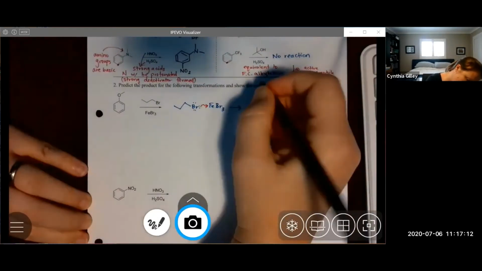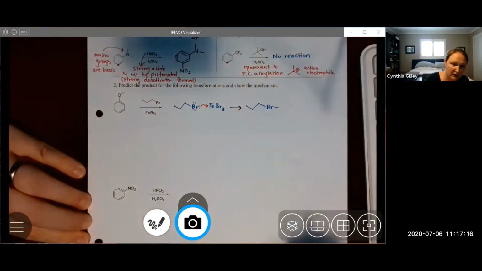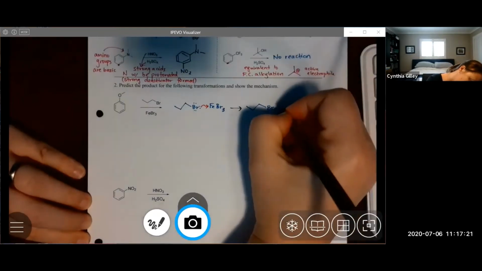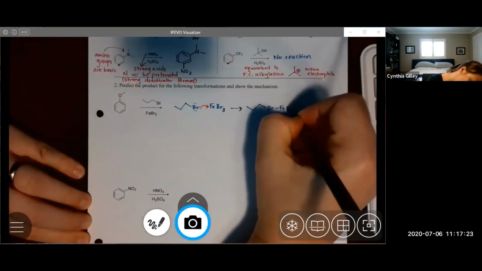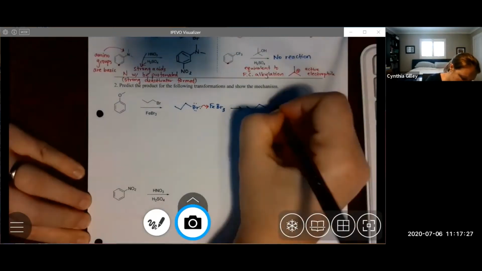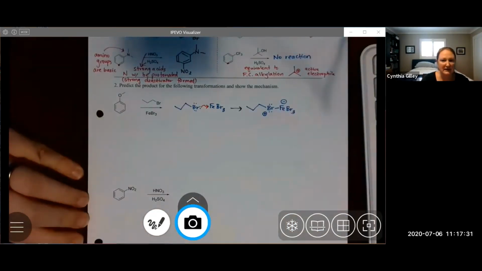This essentially activates the halogen to be an even better leaving group. When that forms, the iron takes a negative charge and the bromine gets a positive charge. So now it's an even better leaving group.